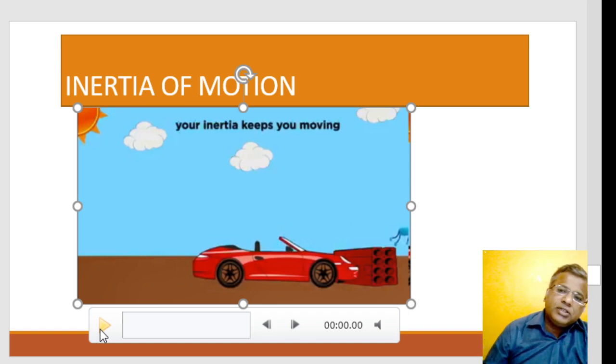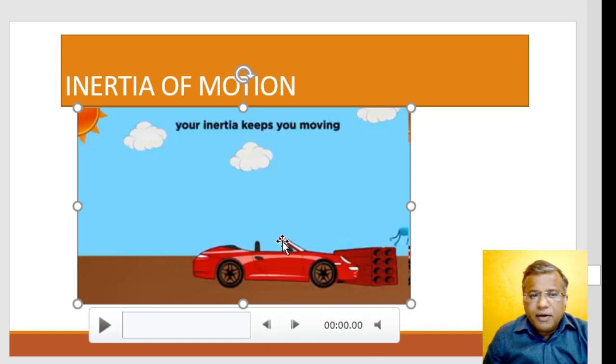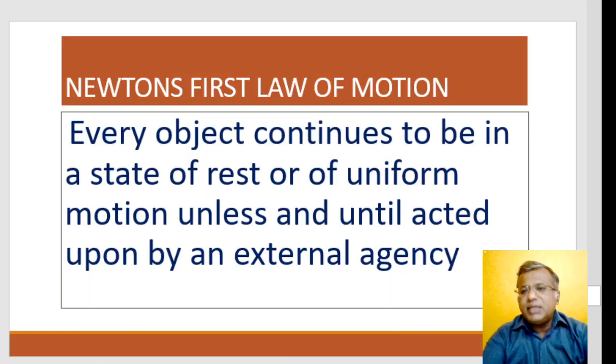With these examples, we can now try to understand Newton's first law. Newton says that every object will continue to be in a state of rest or in a state of uniform motion unless and until acted upon by an external agency.